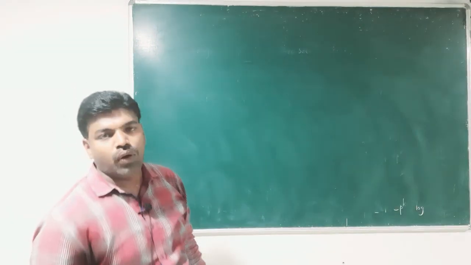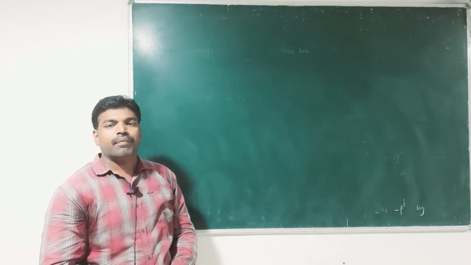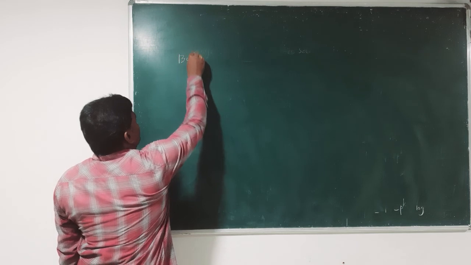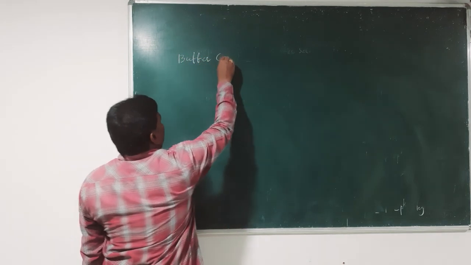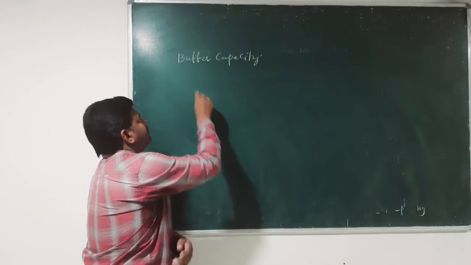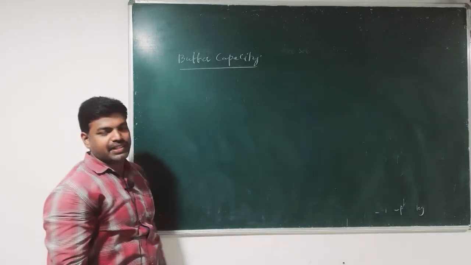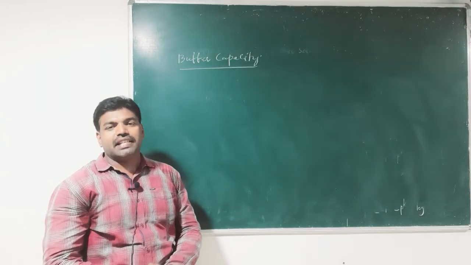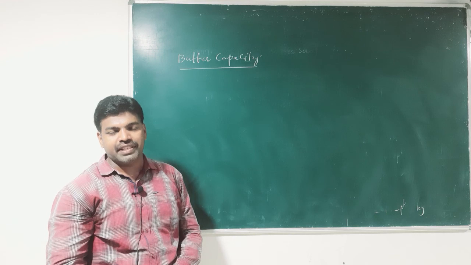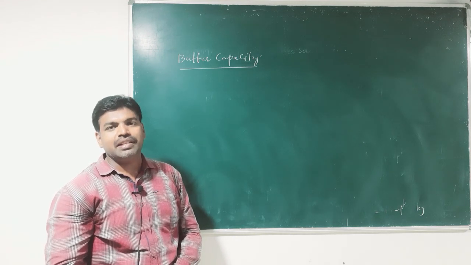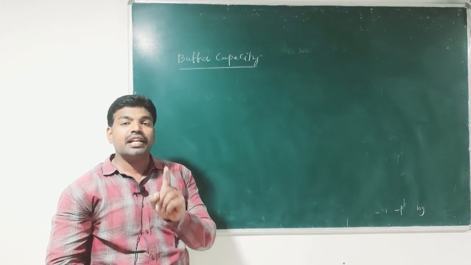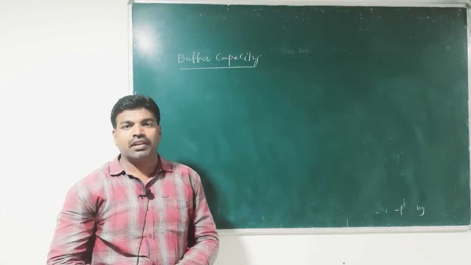Okay. Now, we shall learn about buffer capacity. Buffer capacity is defined as the number of moles of acid or base that causes a change in pH of 1 liter buffer solution by 1 unit.